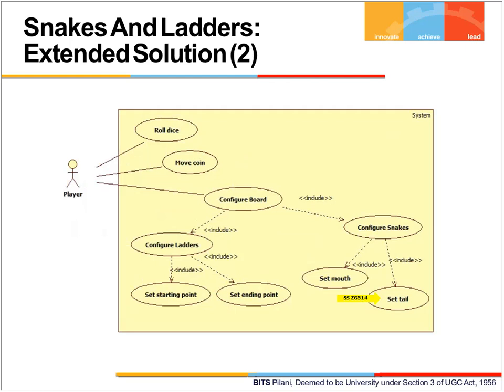So this is decomposing it further using your includes relationship. Your configure board can be decomposed into configure ladders and configure snakes, then configure ladders can be decomposed into set starting point and set ending point, and so on.